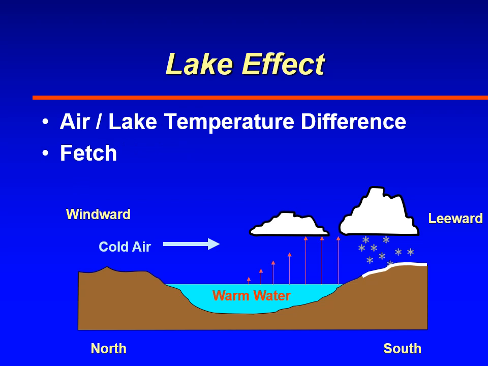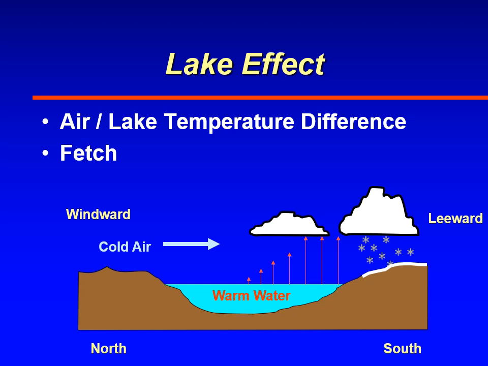One thing to look for when you're considering lake effect icing is the air-lake temperature difference. This is what meteorologists use when they're forecasting icing and forecasting heavy snow events downwind of the lakes like Buffalo, New York, and places like that. That's what we call the fetch. As the air travels over a large body of water, it tends to pick up the moisture.